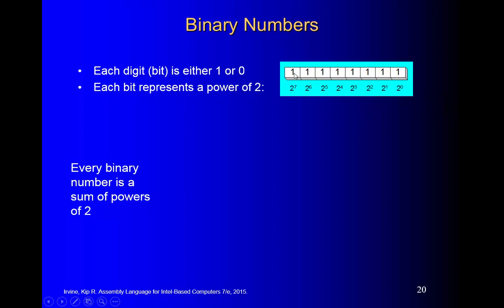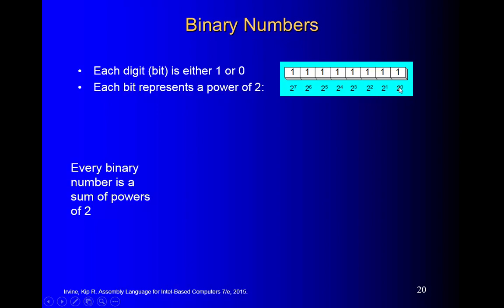For this binary number, we have 1, 1, 1, 1 in each position. For a binary number, each position has a position value. For the rightmost digit, the position value is 2 to the 0th power. The second digit is 2 to the first power, then 2 to the second power. The last one is 2 to the 7th power.